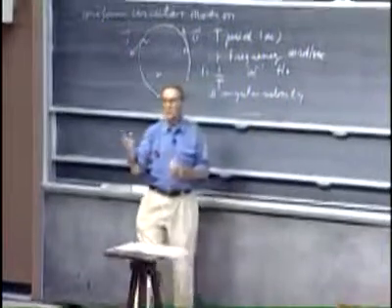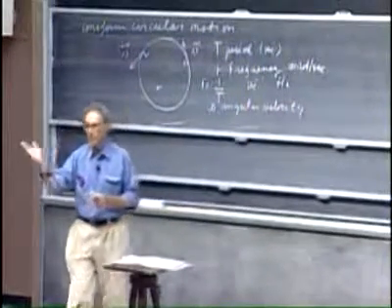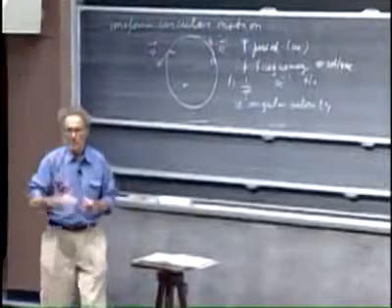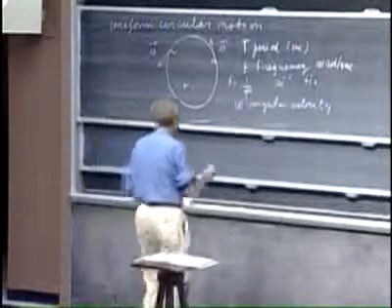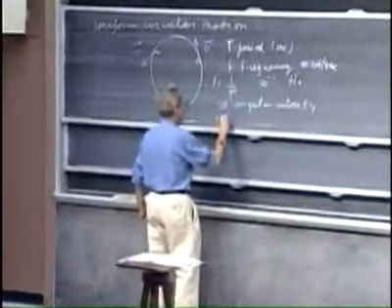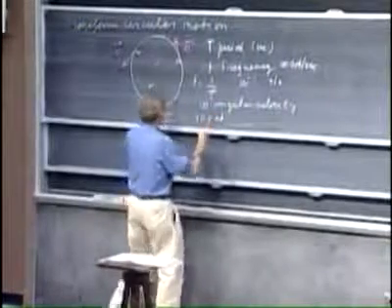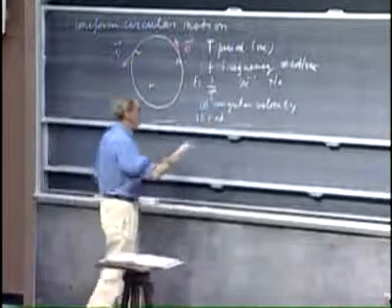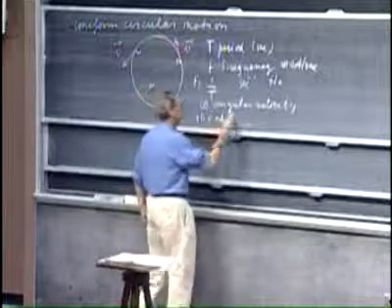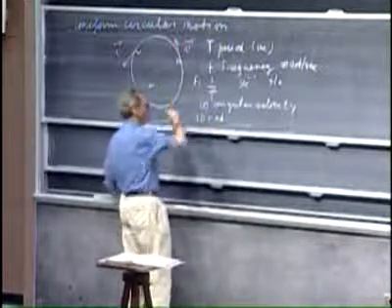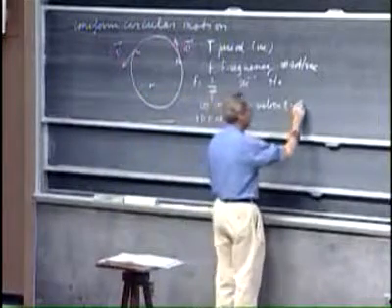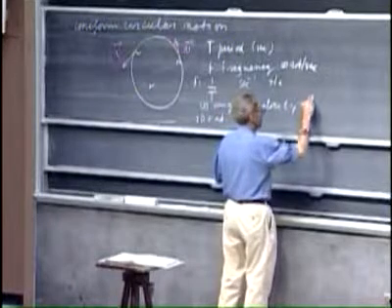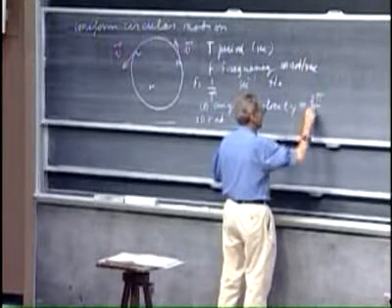Angular velocity means not how many meters per second, but how many radians per second. So since there are 2 pi radians in one full circle, and it takes T seconds to go around once, it is immediately obvious that omega equals 2 pi divided by T.